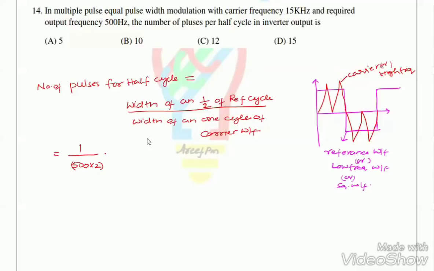Then 1 divided by the width of one cycle of carrier. What is the frequency here? 15 kHz, so 15 into 10 power 3. This is equal to 15 into 10 power 3 divided by 1000, which is equal to 15. Hence the number of pulses per half cycle in the inverter is 15.